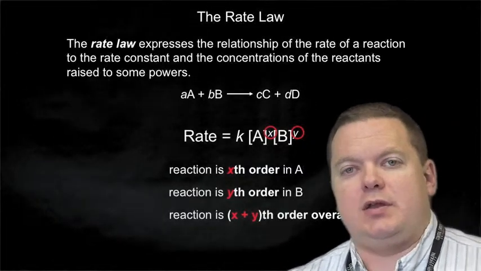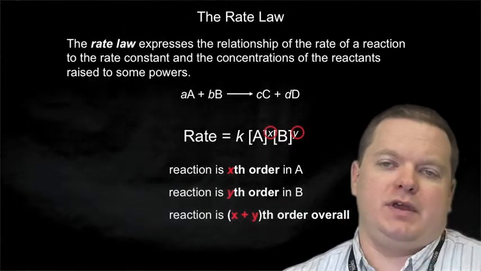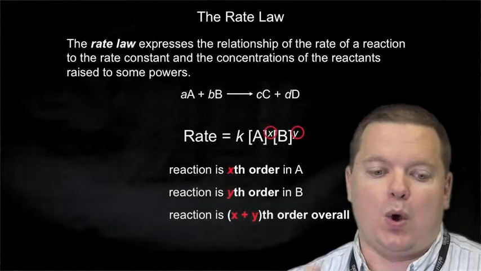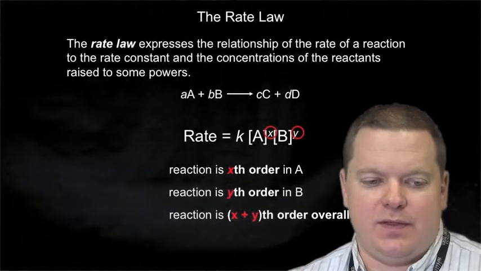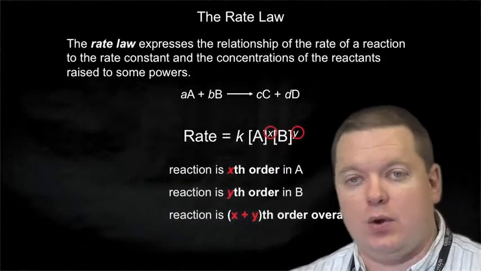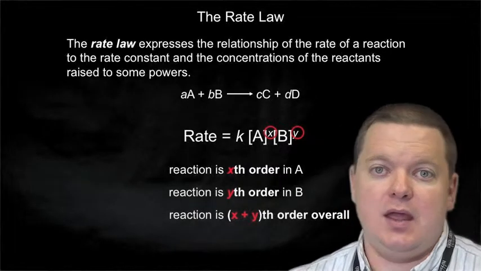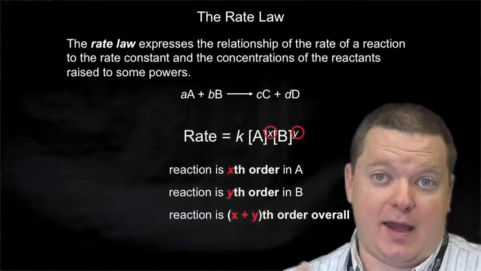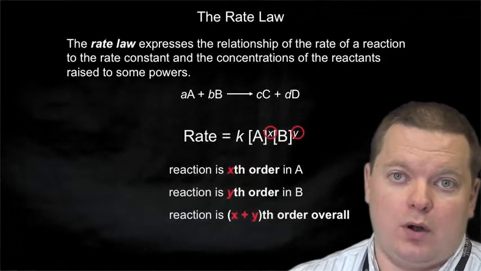Right? So then we can talk about what we call the order of these reactions with respect to a single reactant or overall. So we would say that this reaction is xth order with respect to A, yth order with respect to B, and x plus y order overall.